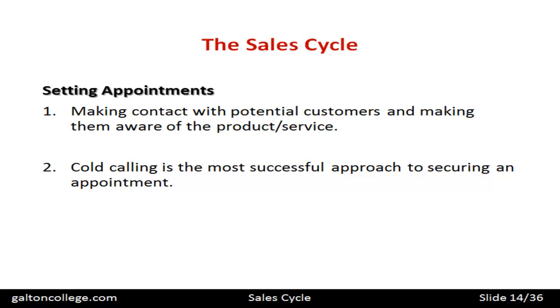Cold calling is the most successful approach to securing an appointment. But cold calling has its downsides, and its downsides have become more and more pronounced over the years. Now cold calling is seen as intrusive. Just to phone someone up, it's interrupting their lives. It's interrupting them perhaps at key stages.